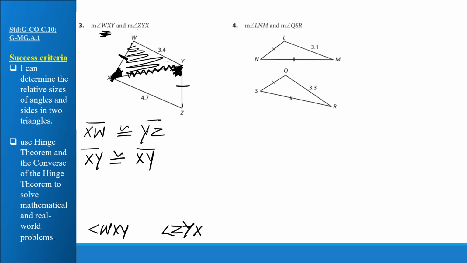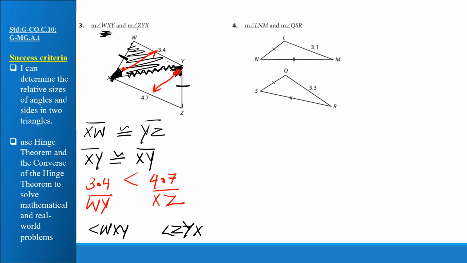So opposite to this angle, the side is 3.4, and the name of this side is WY. And opposite to this angle, the side is 4.7, and the name of this side is XZ. So definitely 3.4 is less than 4.7.